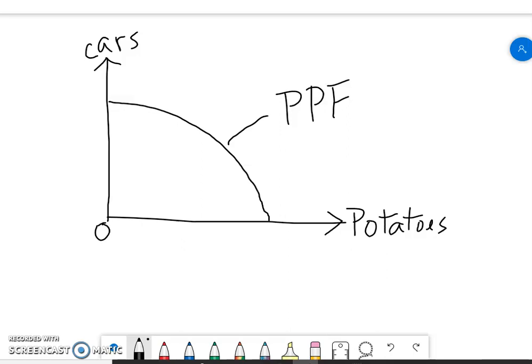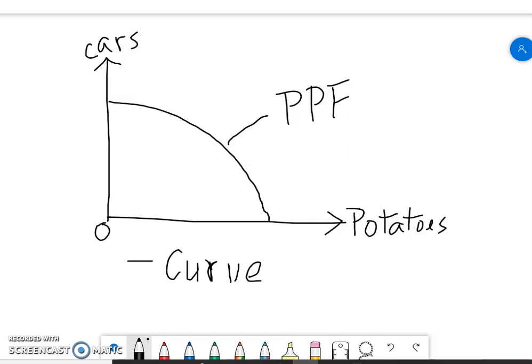All right, now let's come back and talk about the graphical features. Something many of you could come up with, I would guess, is the PPF is a curve. It's not a straight line.